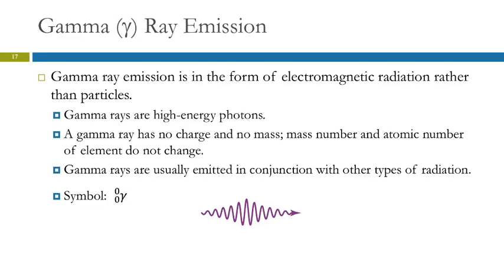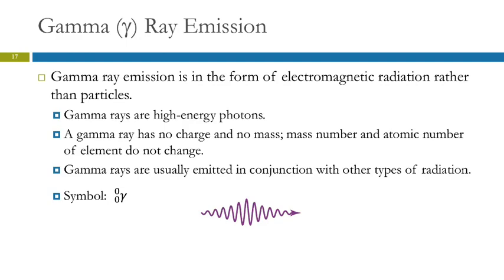Next one is gamma ray emission. And this is not a particle. So it's a gamma ray. It's a form of electromagnetic radiation. If you remember back to the electromagnetic spectrum, the thing that's way up at the high energy end was gamma rays. This is the radiation. They are high energy photons.